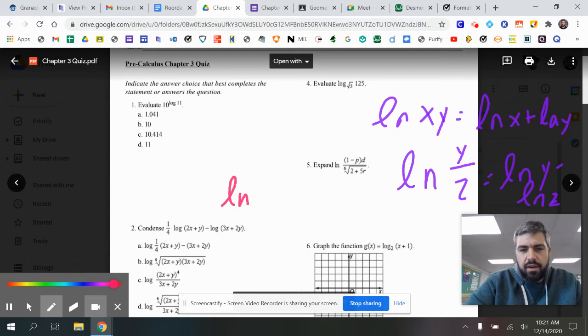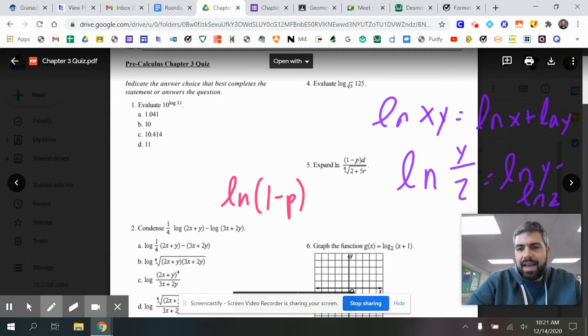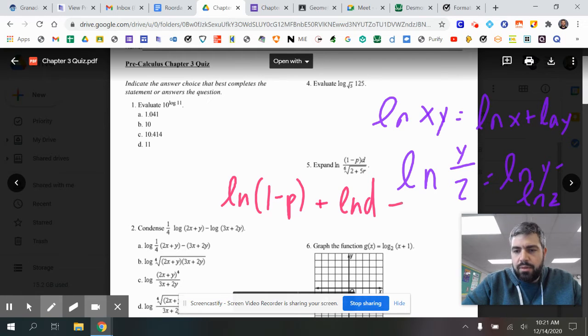It would be ln of 1 minus p, and then see how it's times d, we would add ln of d. Now it's divided by, so I'm going to do minus, and it would be ln of the 6th root of 2 plus 5r. Now I'm almost done, except for I have that sixth root. And so if I wrote that as 2 plus 5r to the 1/6, I have to bring my powers down.